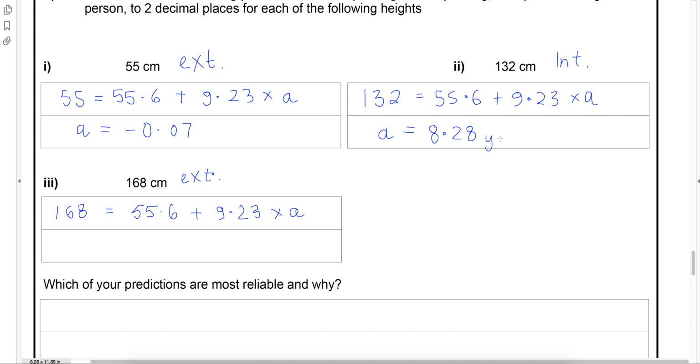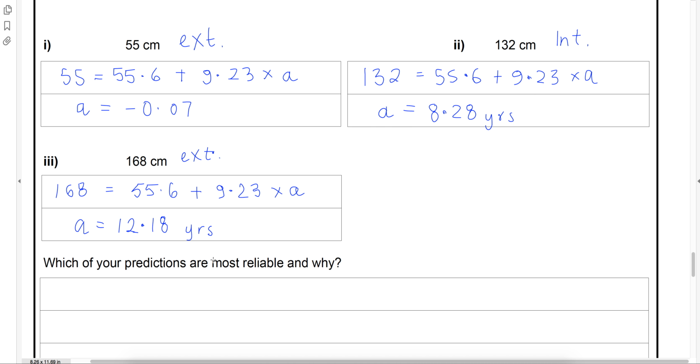Now that's years. And I'll do the same thing again, but I'm going to change the 132 to 168. So 168. And that one's extrapolating. So we're predicting that that is a 12-year-old. There we go.